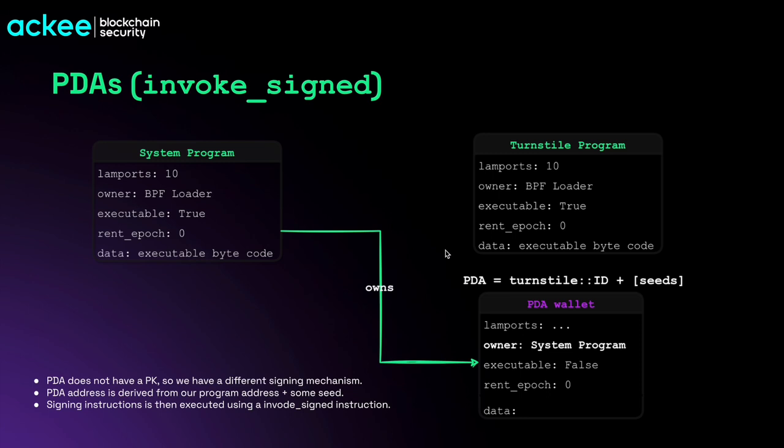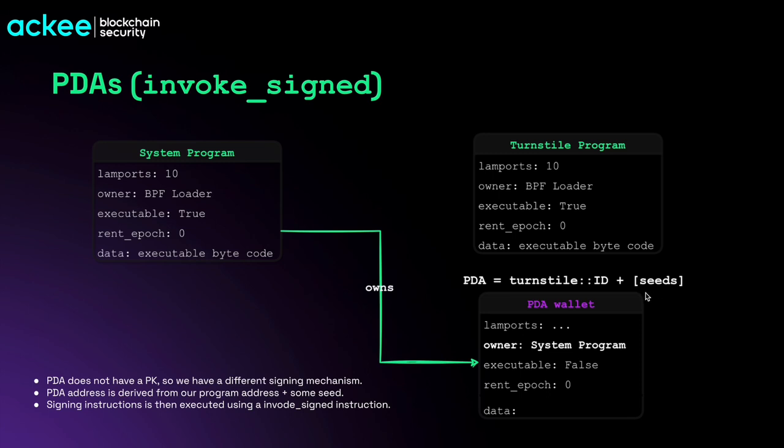So that's where PDAs come in. Again, a PDA wallet is just an account that is derived from our program address, which is our program ID. We actually worked with the program ID in our previous lecture where we changed our program ID when we deployed the program. So you can take this program ID and add some form of seed. So let's say we will call this wallet, for example, Vault.